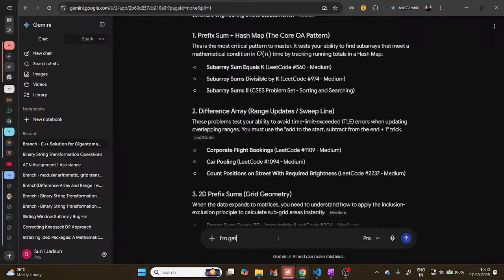I am getting this in order of n square by the prefix sum trick. Can I optimize it?